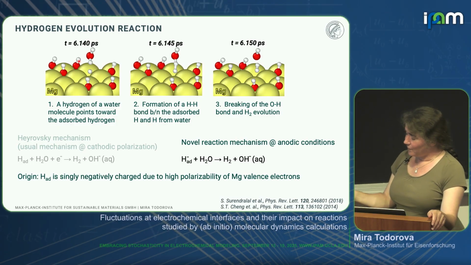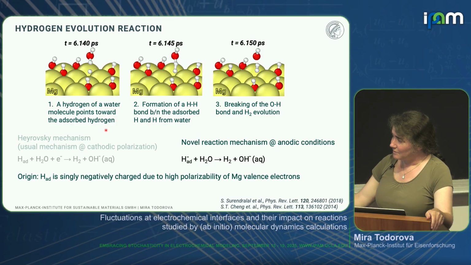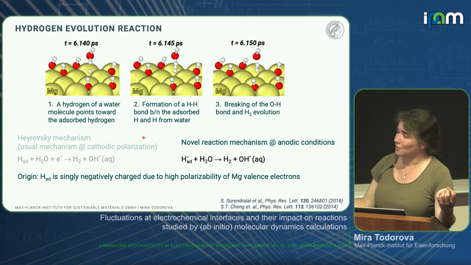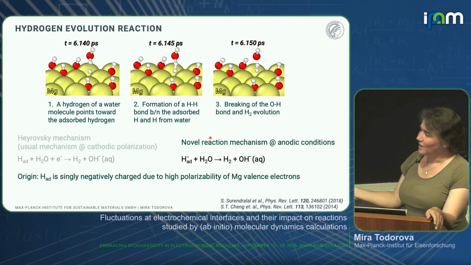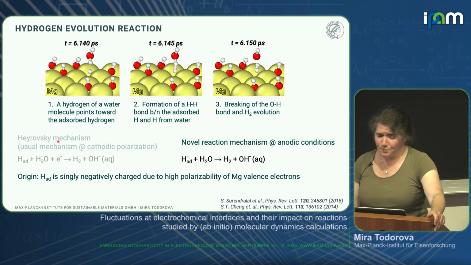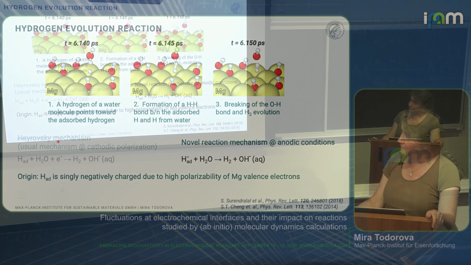So the adsorbed hydrogen carries a negative charge. You don't need an explicit electron like here. This negatively charged hydrogen reacts with the water molecule, so you have a redistribution of the negative charge, which goes on the OH, and you form the H2. So it's a modified Tafel-Volmer-Heyrovsky-type mechanism that we propose is important.